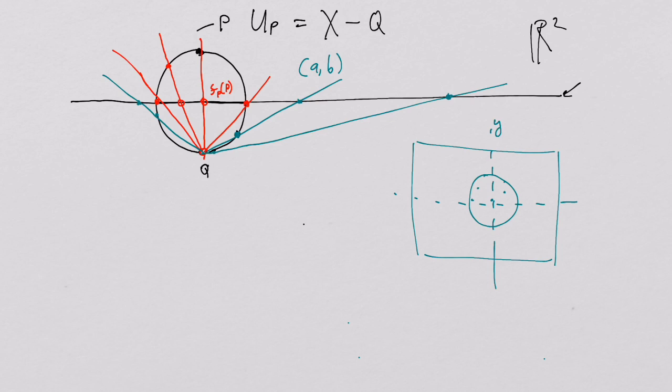This could be y, and this could be x. And every point on the sphere will map to a point on the plane. The points in the northern hemisphere will all map in here, and the points in the southern hemisphere will all map out here. But it will cover the whole plane.